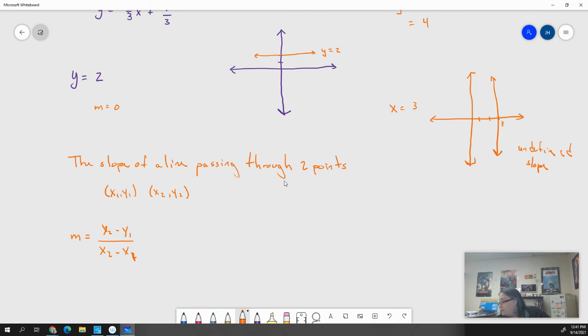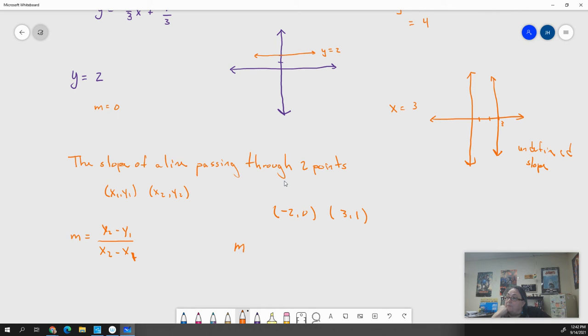So what does that look like in real life? Say I have the points -2, 0 and 3, 1, and I want to find the slope of a line that passes through both of these points.